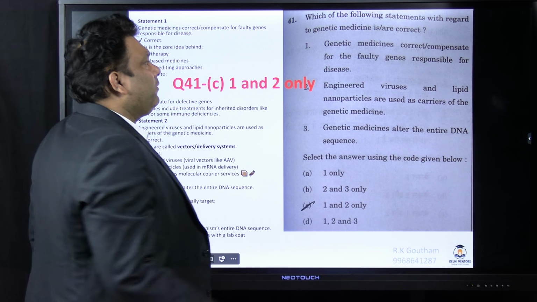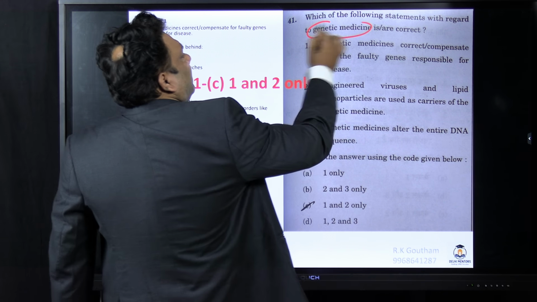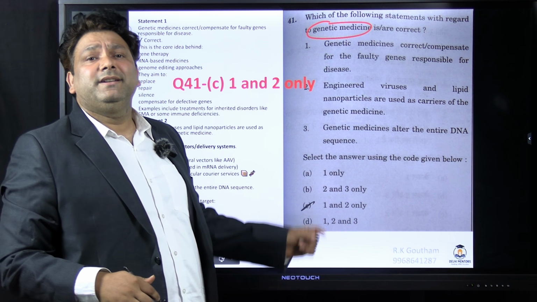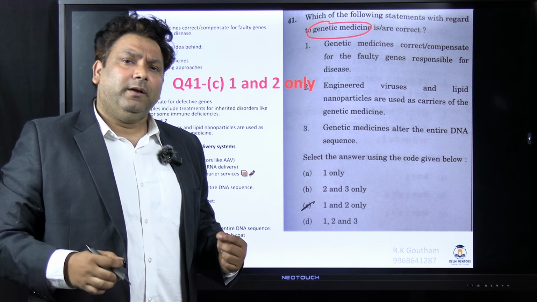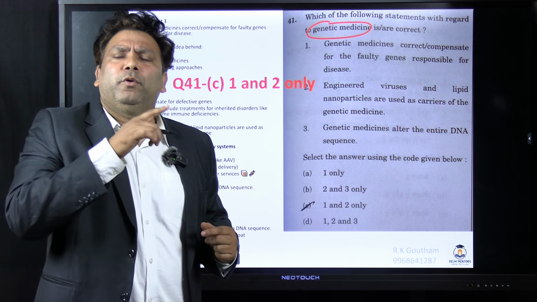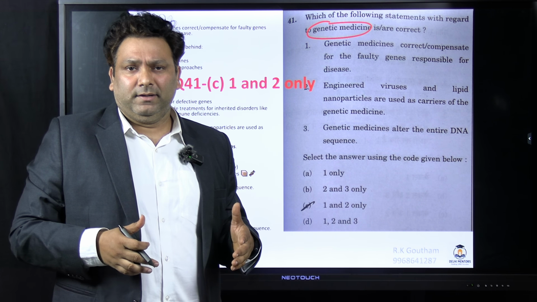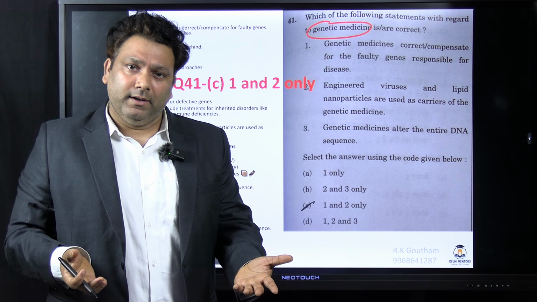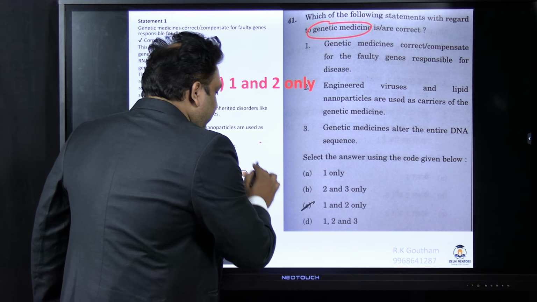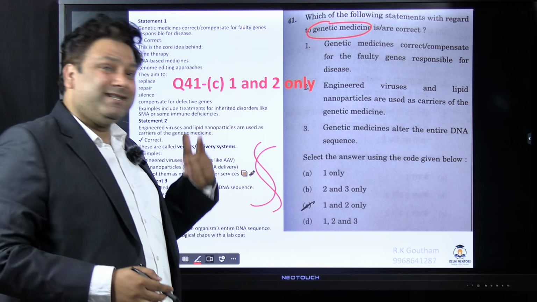नेक्स्ट यहाँ पे देखो, जेनेटिक मेडिसिन. आपने नॉर्मल मेडिसिन सुना होगा, जेनेटिक मेडिसिन क्या है. So जेनेटिक मेडिसिन में आप जीन्स को थोड़ा बहुत ऑल्टर करोगे. For example, because of a particular gene से आपको सिकल सेल एनीमिया हो रहा है, so वो जेनेटिक सीक्वेंस को हम थोड़ा चेंज कर सकते हैं.